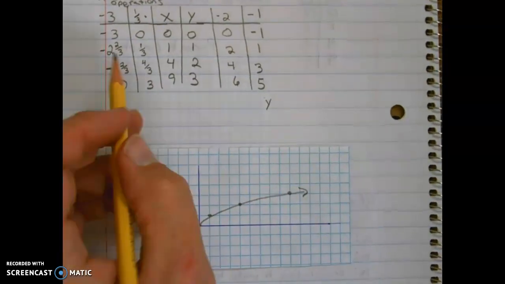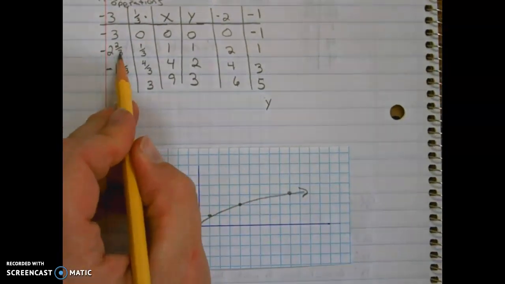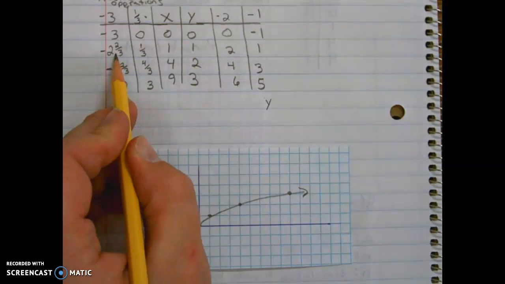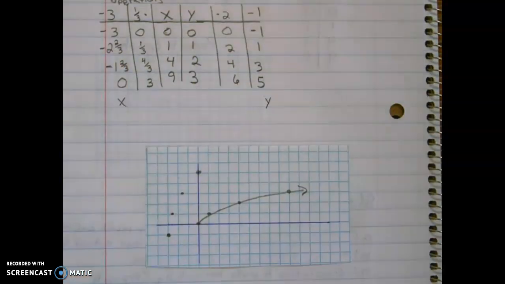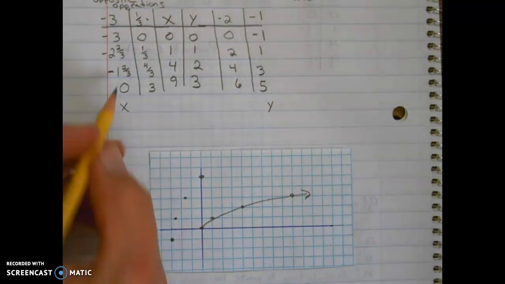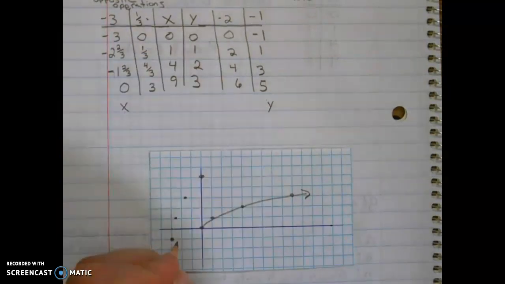Okay, next point, let's see. I'm going to pause the video just for a moment. Okay, I'm back. I just wanted to get an Inspire calculator so I could show you what this looks like. So I plotted the remaining x and y coordinates, and so we get this.